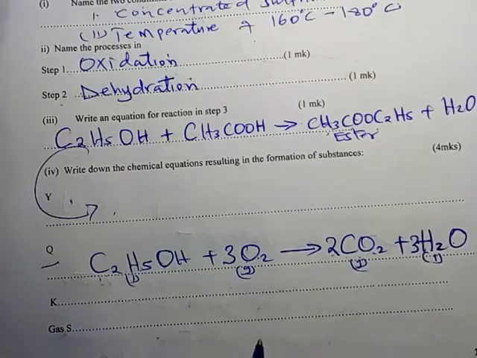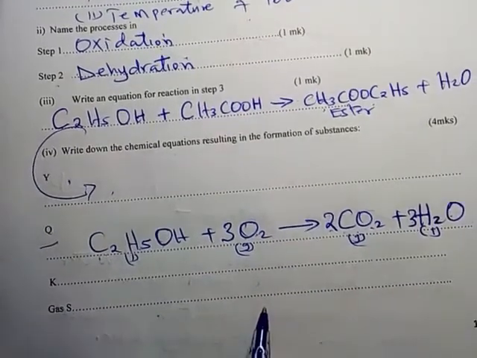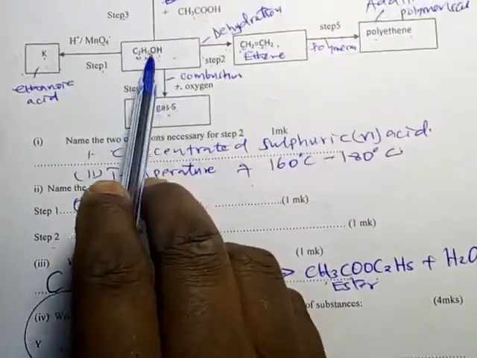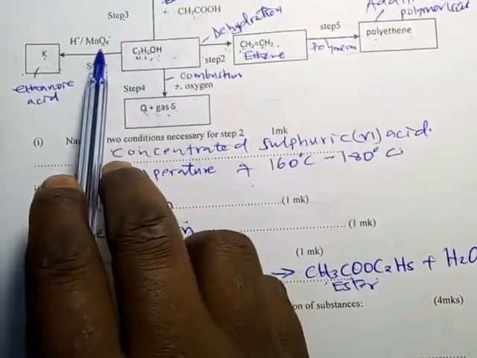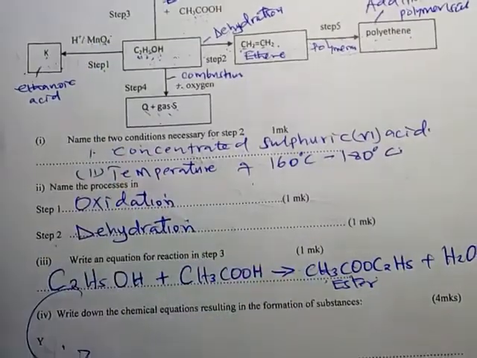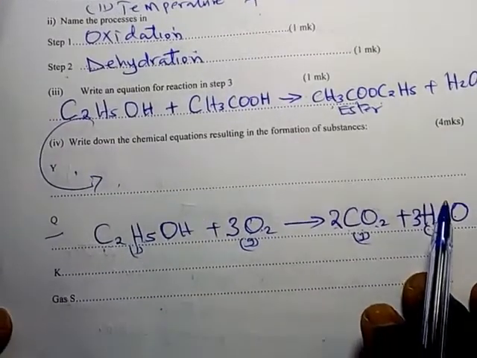Formation of K. K is ethanol undergoing oxidation. So that one is simple.